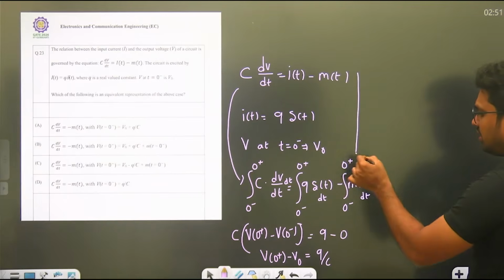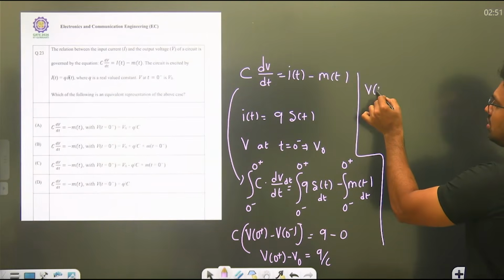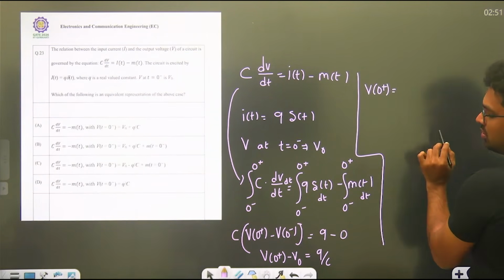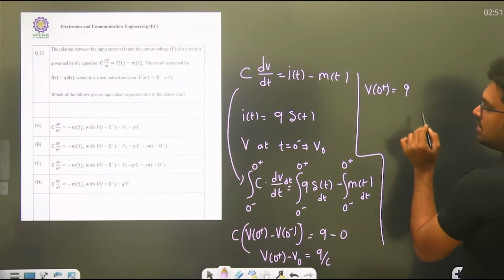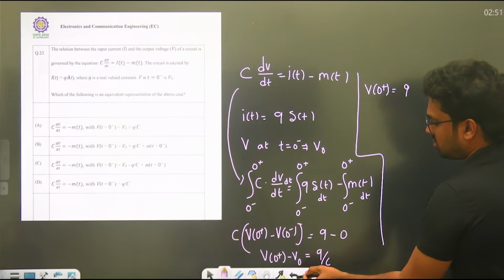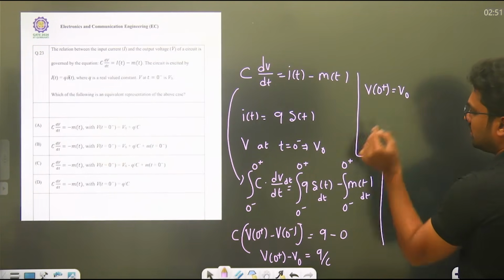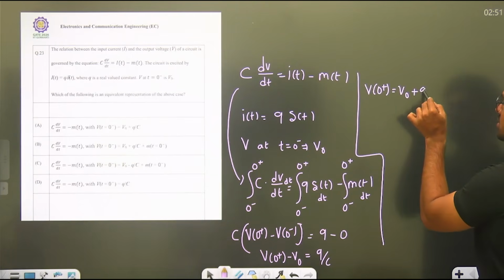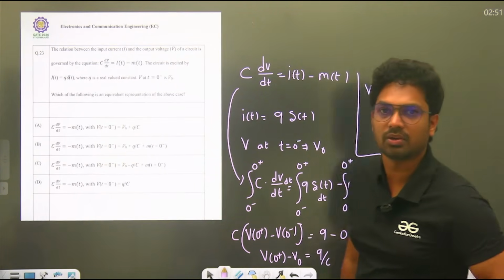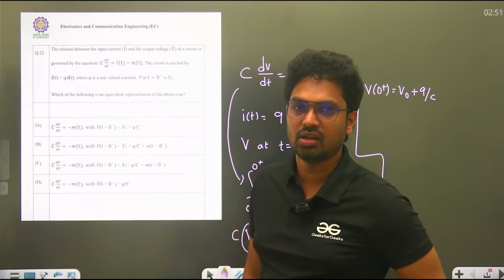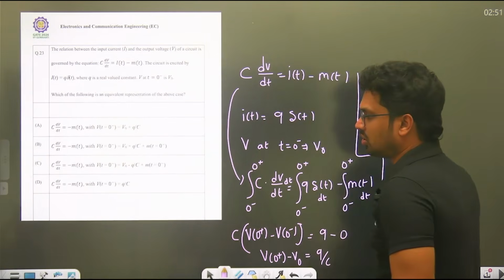And finally, what is V of 0 plus? V of 0 plus equals Q by C plus V naught, or V naught plus Q by C. You take this V naught to the other side. Here, you got the V naught perfectly correct.